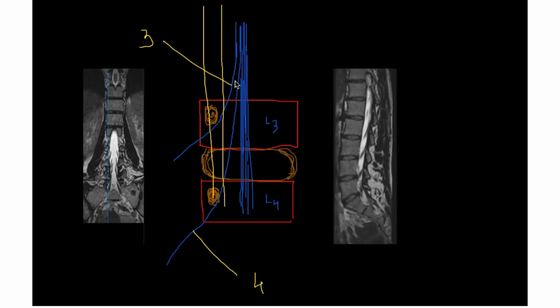These all are inside the thecal sac. The thecal sac is covering these roots. Now, when they go towards the respective foramen, they come out of the thecal sac. Understood? Yes, sir. So what will happen when we take a section from the center, from here?